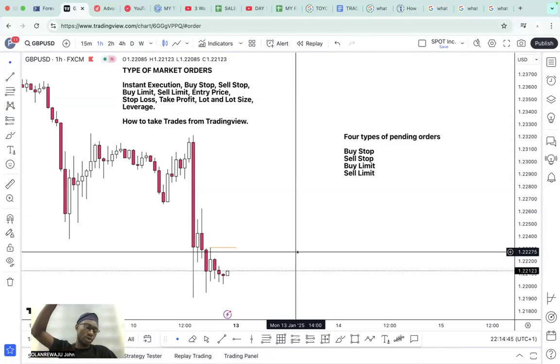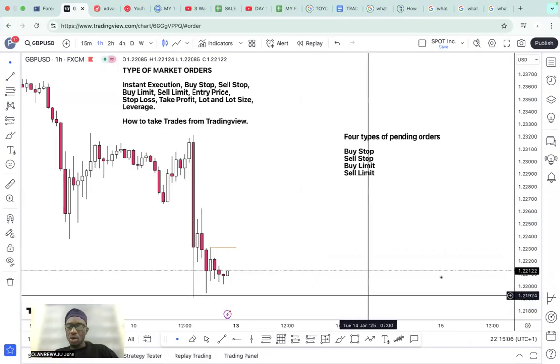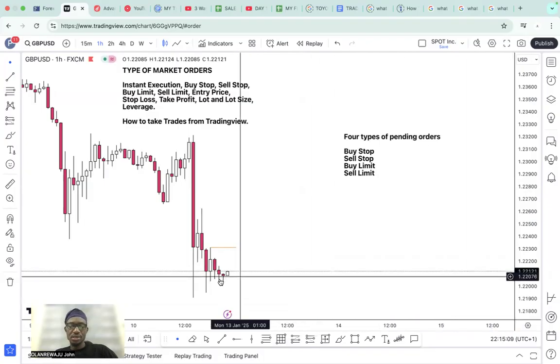Buy is that we are going up. Good. So buy limit is not buy stop, don't get it confused. Buy stop is that, oh, I want to buy this market, but at a future price, setting a pending order. And a buy stop is such that the price is higher than where the price is currently. Currently, this is where the GBP USD price is.